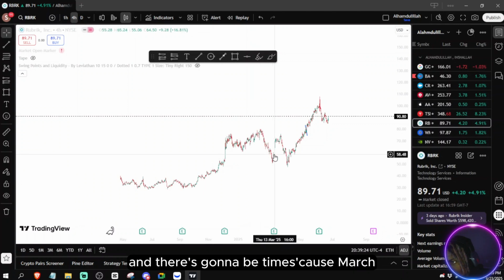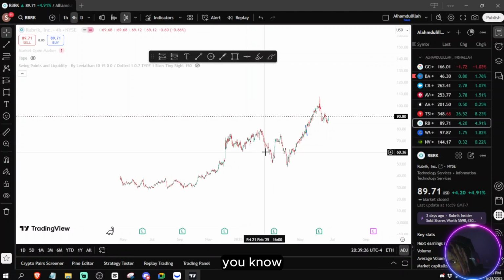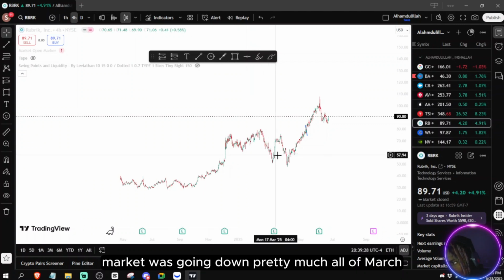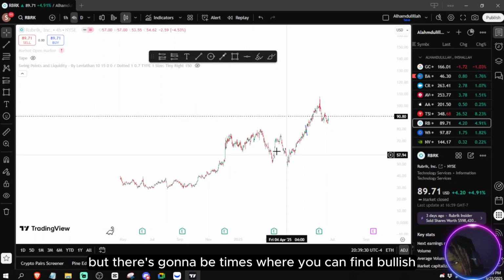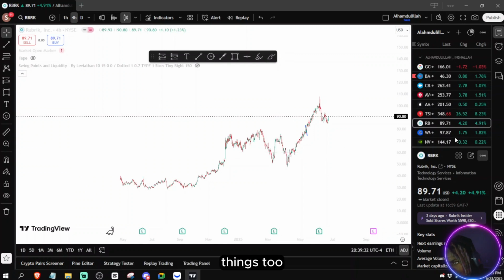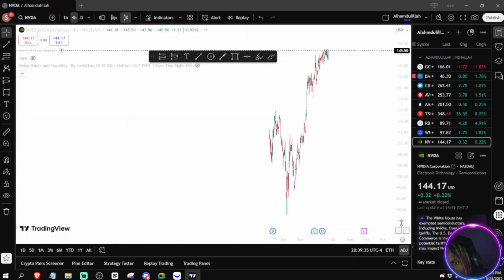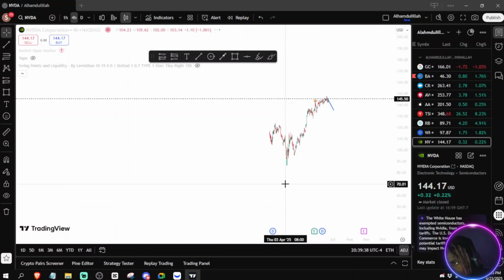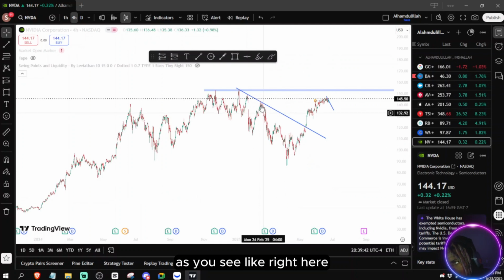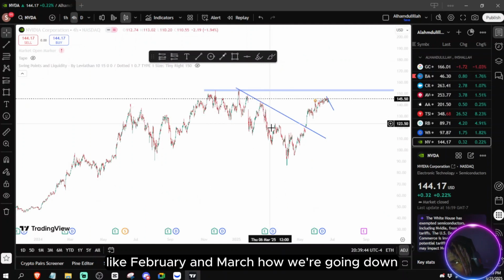And there's going to be times, because the market was going down pretty much all of March, but there's going to be times where you can find bullish things too. So I'm just trying to scale. As you see right here, like February and March, how we're going down.